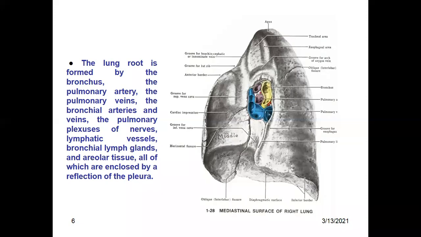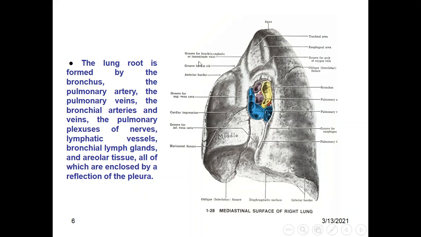There is a reflection of the pleura called the inferior pulmonary ligament, which extends from the base of the inferior pulmonary vein. And this is an important structure during lung resection, whether lower lobectomy or pneumonectomy.